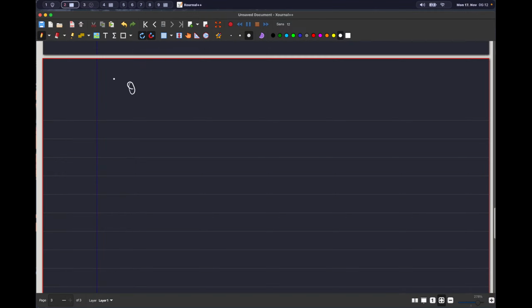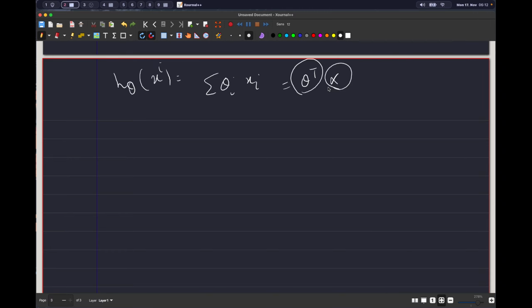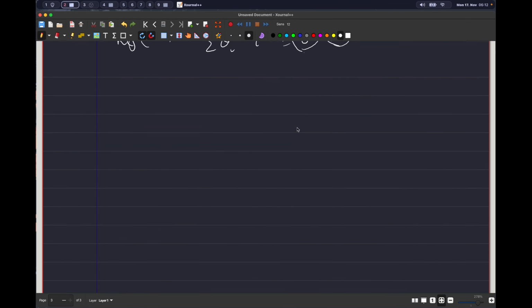Because in the end, we already know x. So how good our prediction function is always depends on the parameters, in this case theta. So our goal is to select theta such that we are as close to the original value.